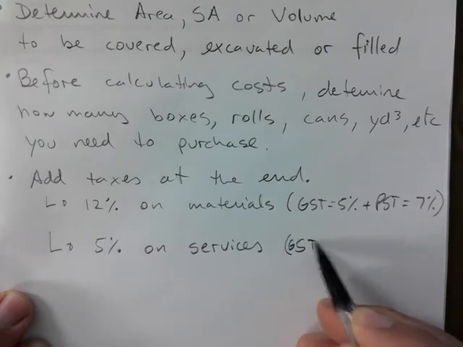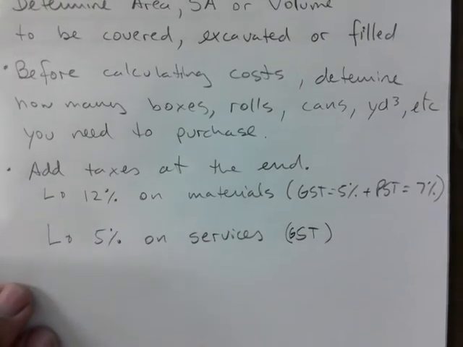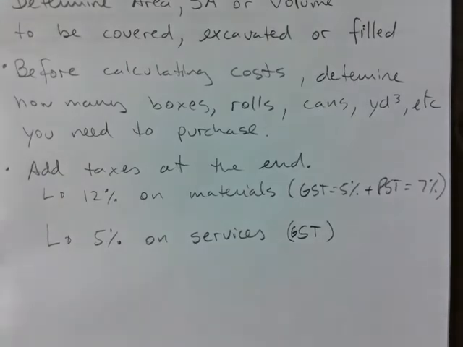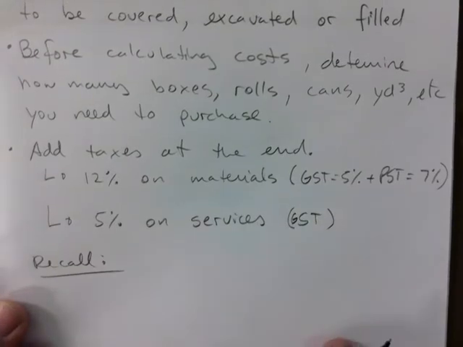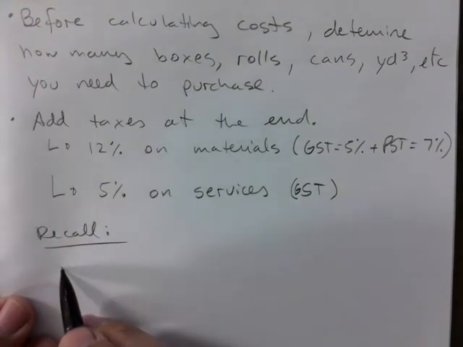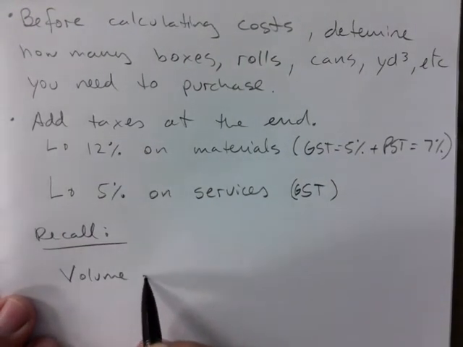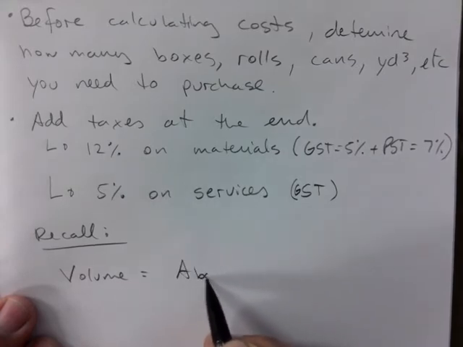Like if you ever got your carpets cleaned or somebody cleaning the ducts in your home, like the HVAC? That's all 5%. That's a service. You only pay GST on that. And I will tell you that quite plainly in the question, so you don't have to guess. But just so you know, recall, this is very important, that the volume is area of base.